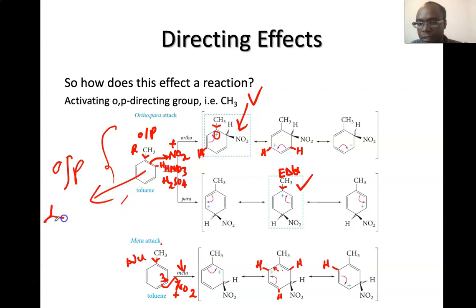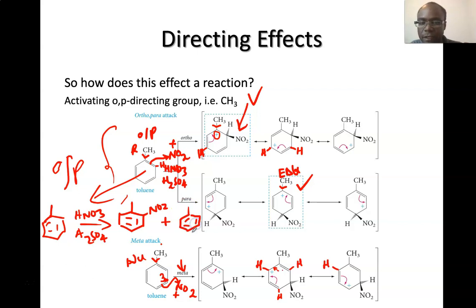So whenever you react toluene with the nitro group from nitration, you'll expect either the ortho product or the para product to be the major.